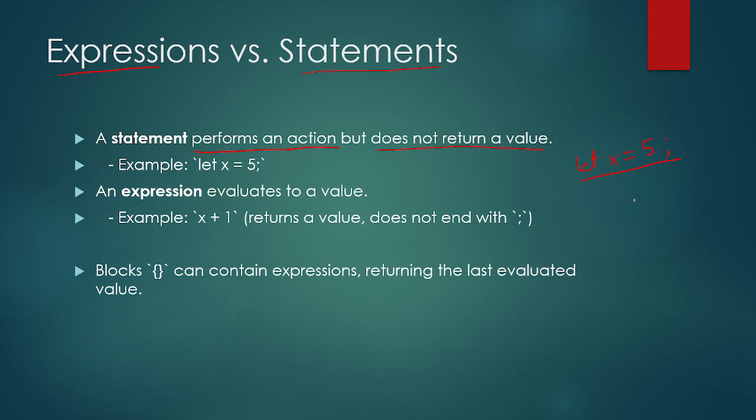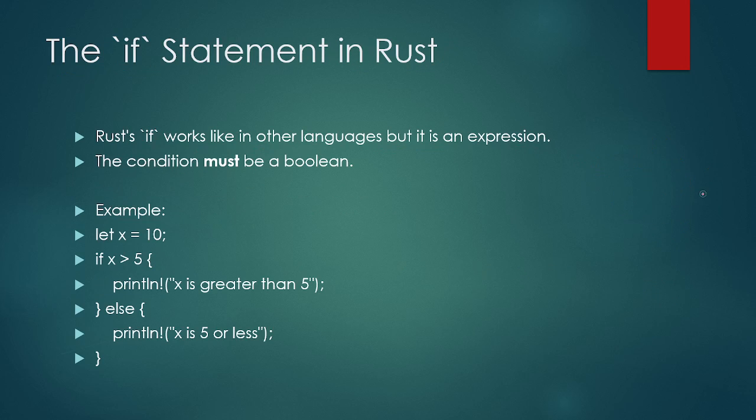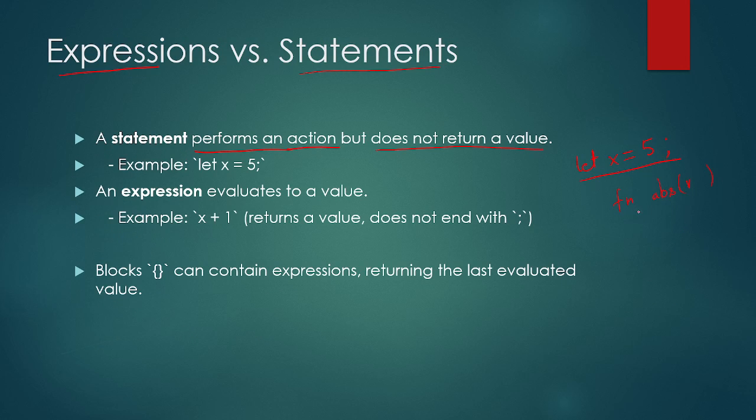For this, suppose I write a function, let's suppose its name is abstract, and I give it a value v of type i32. It should not be written like this. Let y equals v.